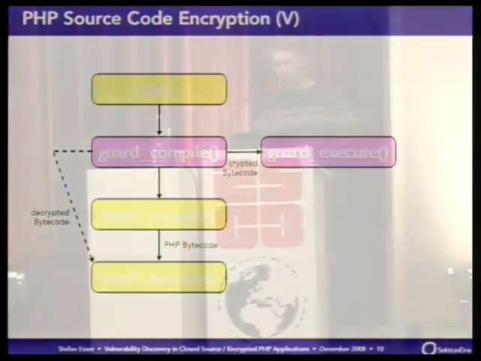So with old cryptors, once you had hooked the execute function, you had the original bytecode and could work on it. With newer cryptors, the complete executor is replaced with something different, and in this case the optimizer executes this encrypted PHP and not the PHP engine.